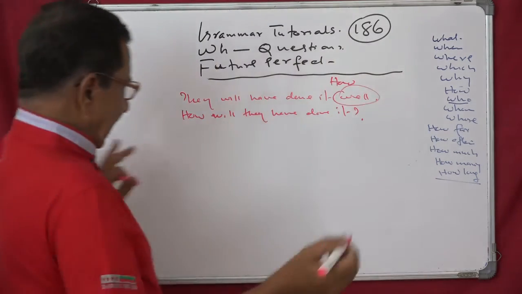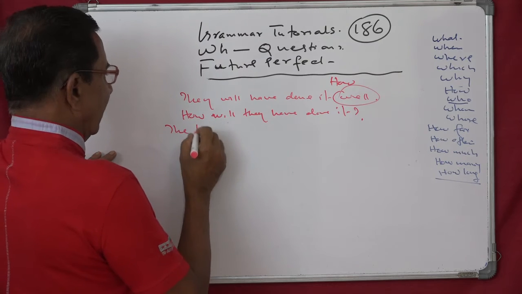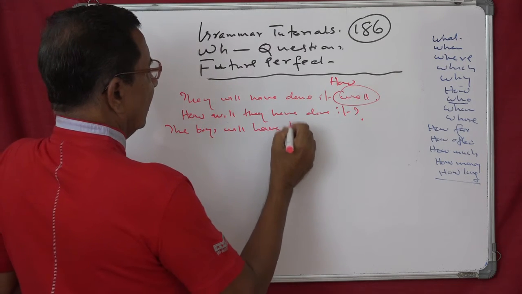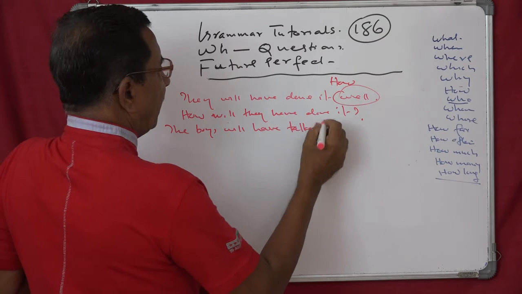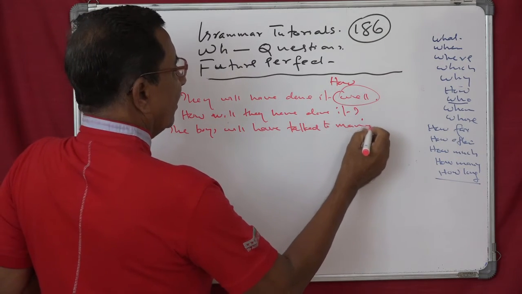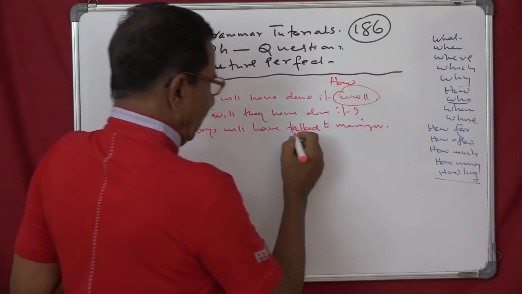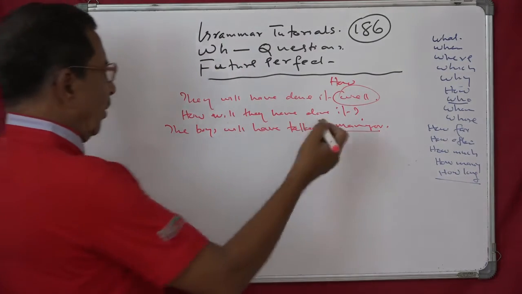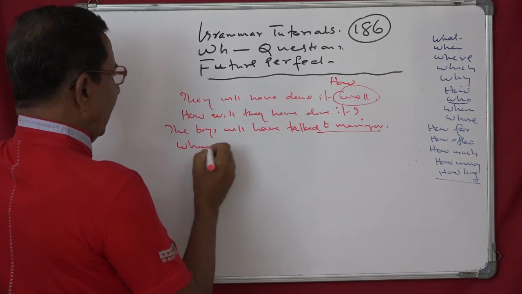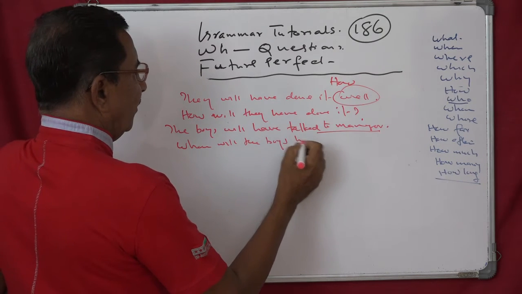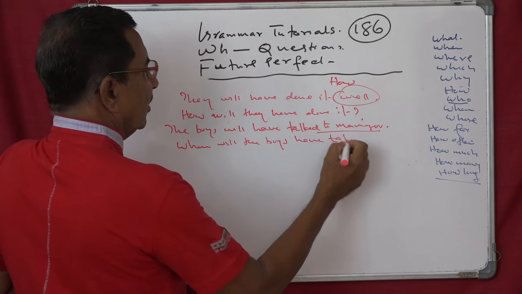Okay. Then the boys will have talked to the manager. Manager of the bank. Now you want to say to the manager. Then you will say whom will the boys have talked?